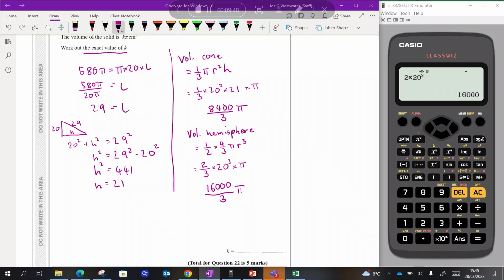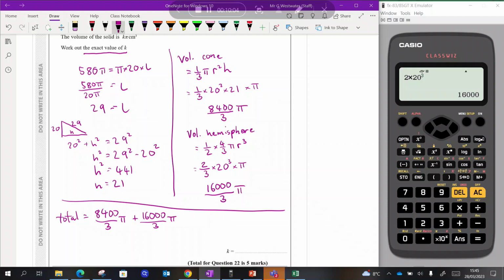So the total is going to be 8400 over 3 pi plus 16,000 over 3 pi.